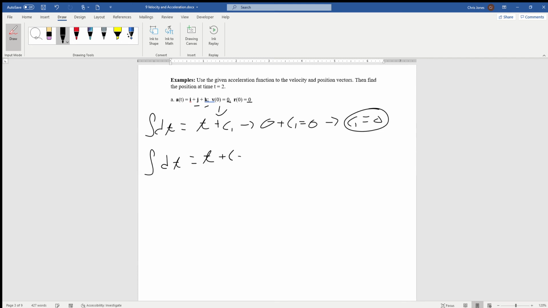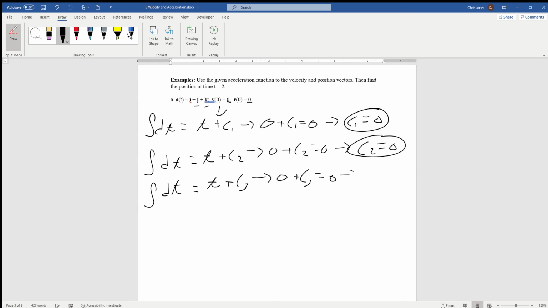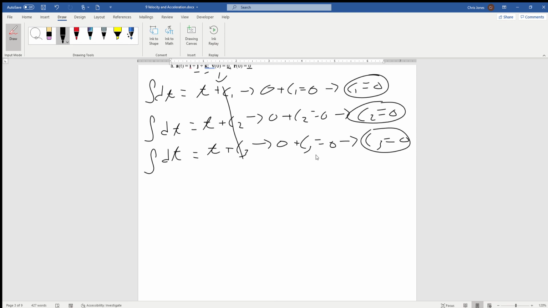So 0 plus c2 equals 0, which implies that c2 is equal to 0, and then not surprisingly, c3 equals 0. All right, so the good news is all these c's go away, and we're just left with t, t, t for the velocity function. So our velocity function, v of t, is going to be equal to t i plus t j plus t k.